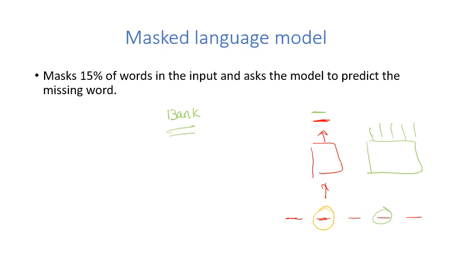But here I can have a context-based representation. Basically BERT looks at the whole context and produces a representation for each word.